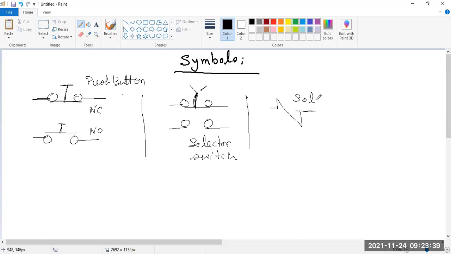Solenoid valve, and you already know this is the NO contact, this is the NC contact.